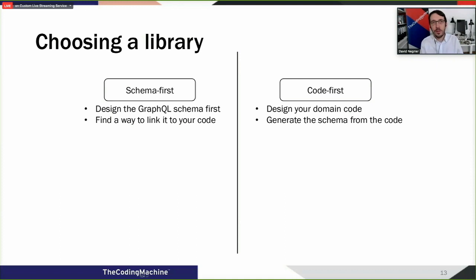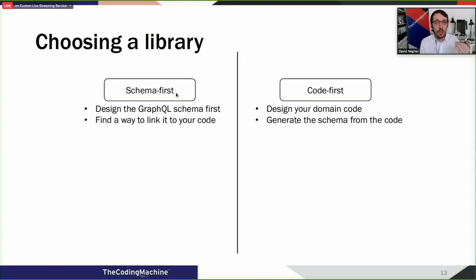Now, if we need to choose a wrapper library, there are basically two kinds of such libraries. There are schema-first libraries and code-first libraries. In a schema-first wrapper library, your task as a developer will be to write the GraphQL schema.